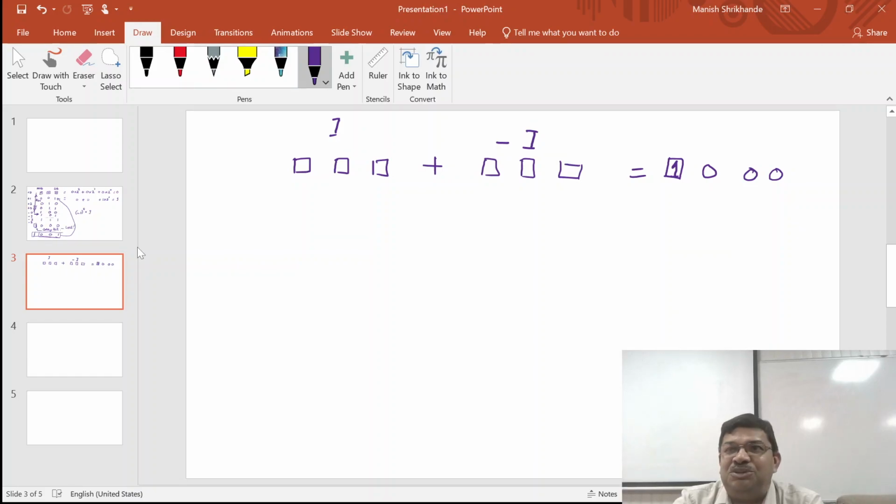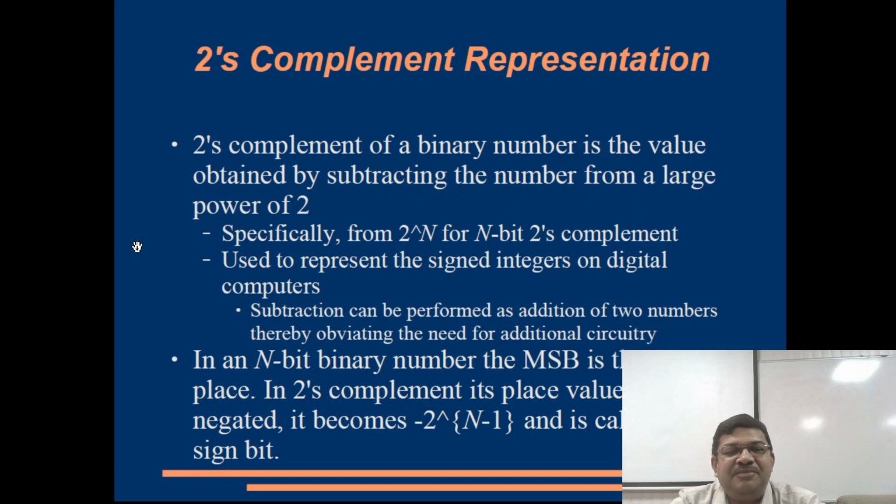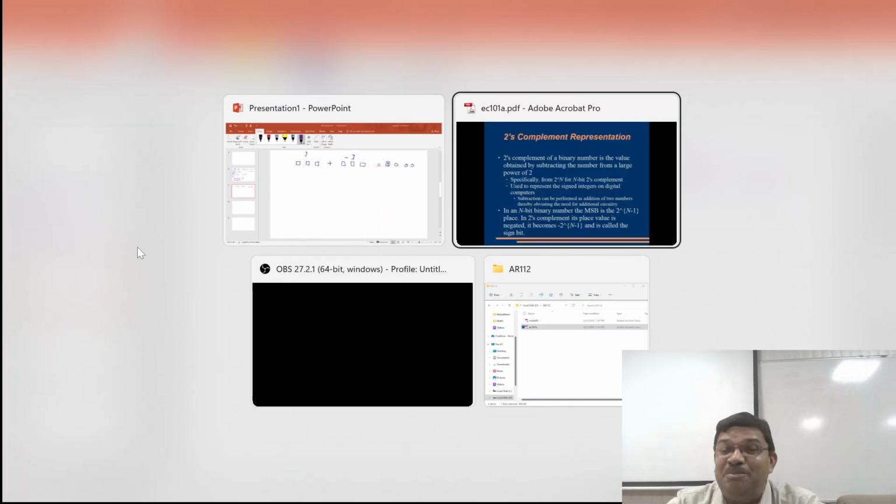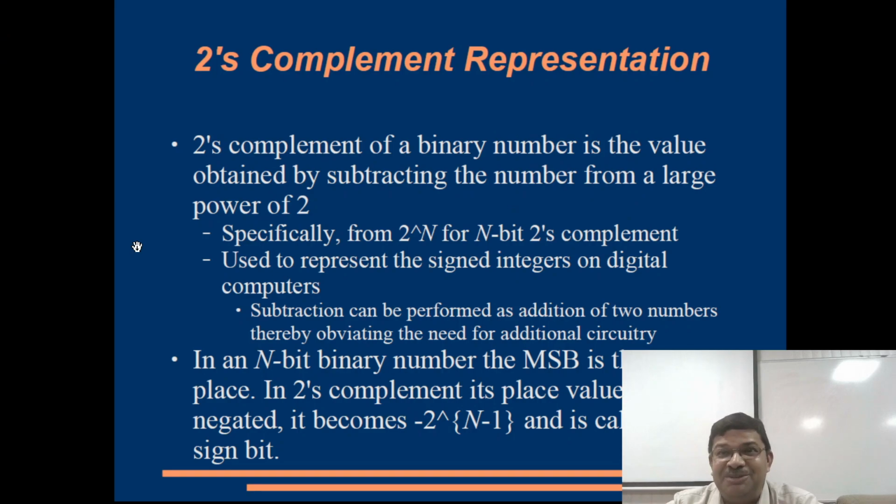To satisfy the rules of arithmetic works perfectly fine. 2 minus 2 should add up to 0. That's what you get. So no amount of explanation in words can explain this as nicely as actual addition, when you see the numbers adding up to 0 actually.